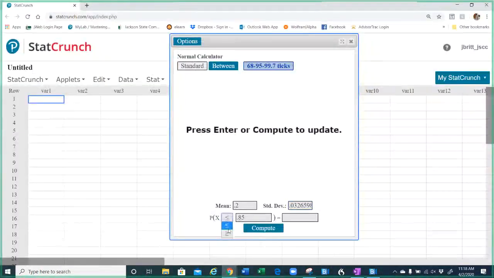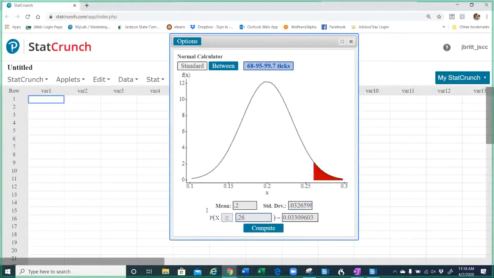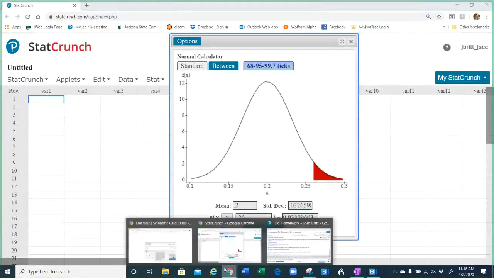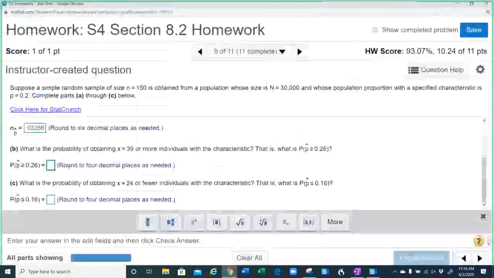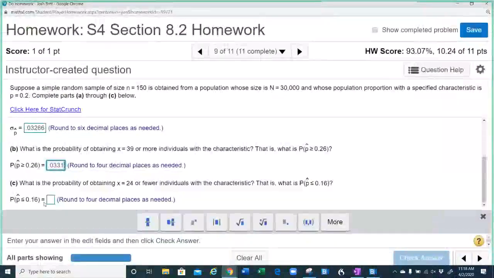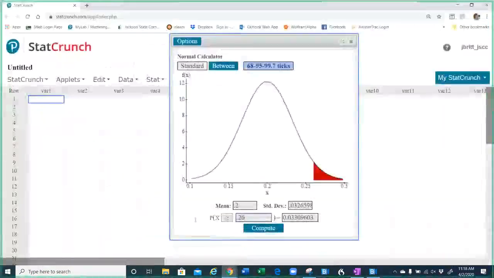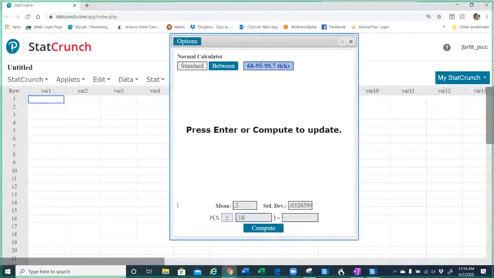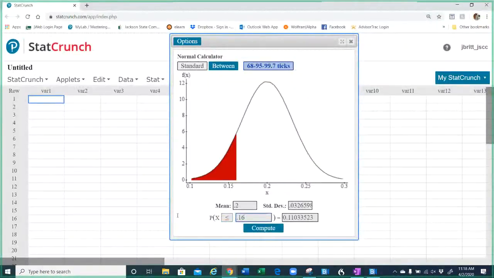So greater than 26% is 0.331. And then less than 16%. 0.1103.